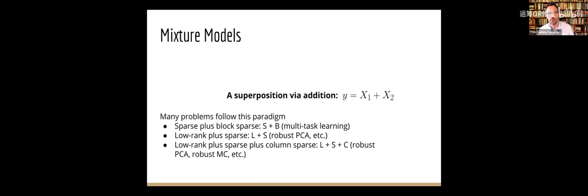This is work that many people have been working on for the last decade or more. Multitask learning has been one way of modeling it, looking at sparse plus block sparse, two different structures, and this is modeled using this addition.